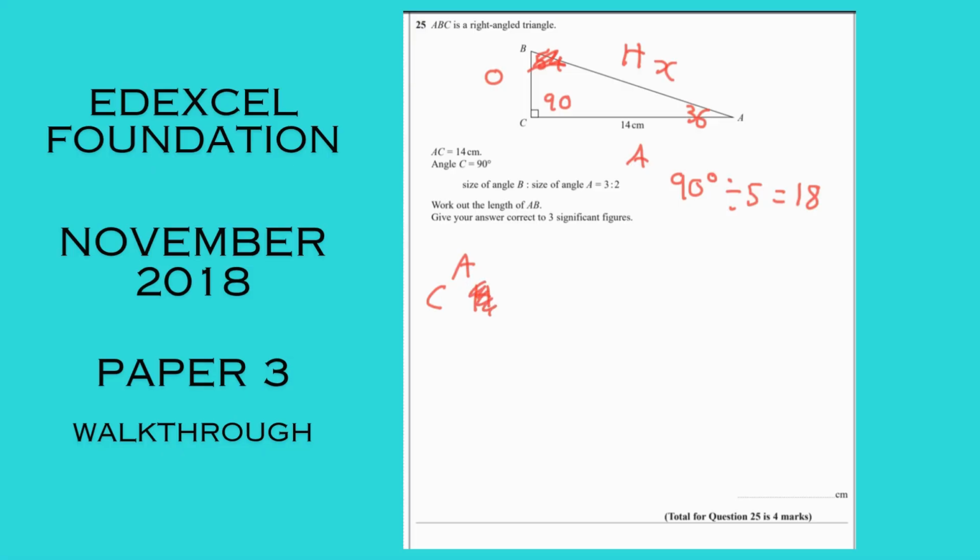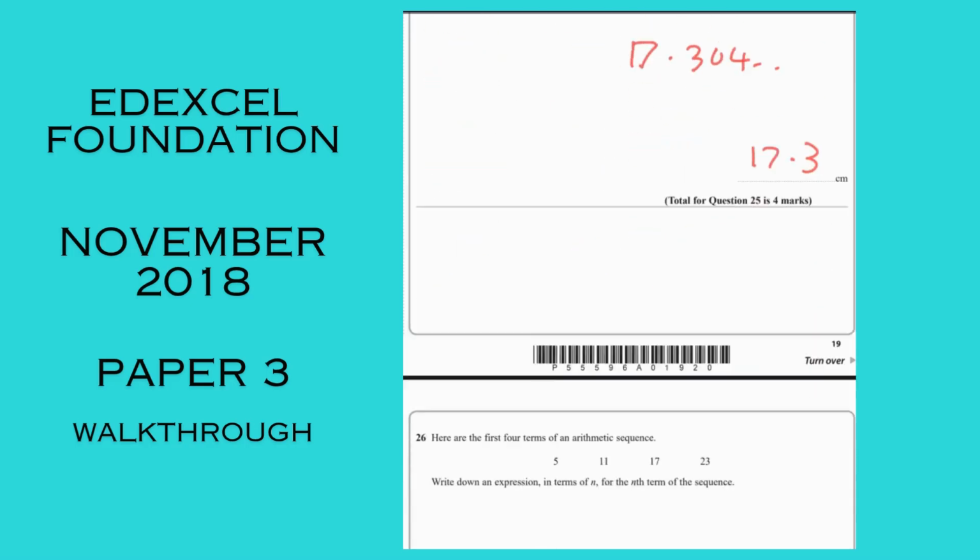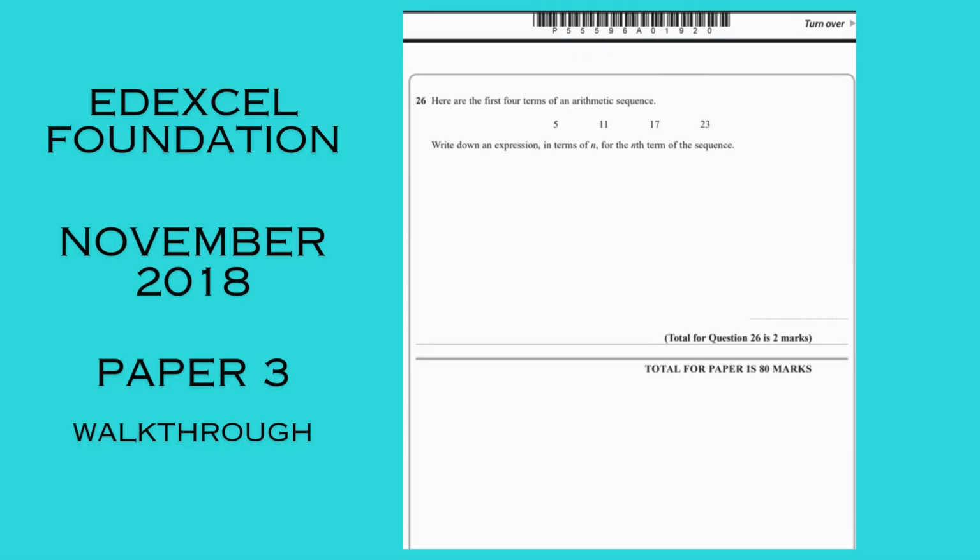Cross out what you want, that's the hypotenuse, and we get adjacent divided by C, which stands for cos of the angle we're using. 17.304, etc. So 17.3 is your answer, because it wants three significant figures.